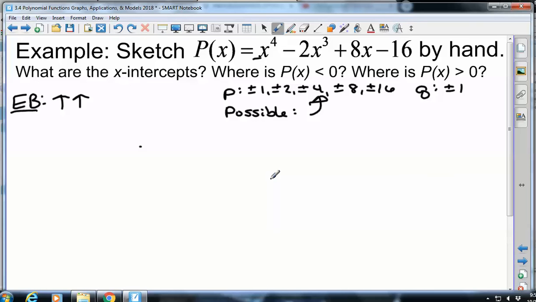I'm not going to tell you. What'd you get? -2 works, okay? So once you find one that works, we do our synthetic.